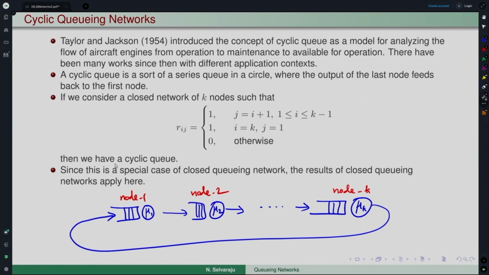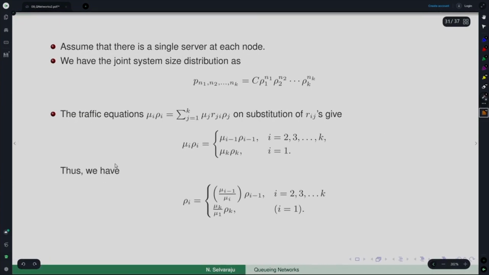If I take these particular Rij's, then what you get in a closed queuing network is a cyclic network. Since this is a special case of closed queuing network, the results of the closed queuing network apply here as they are. But since this is a specialized one, you can always get something more out of it than the general case. For the time being you can assume that there is a single server at each node.